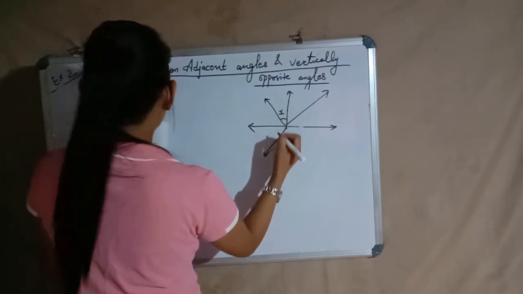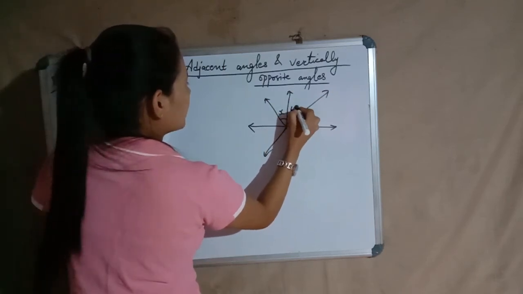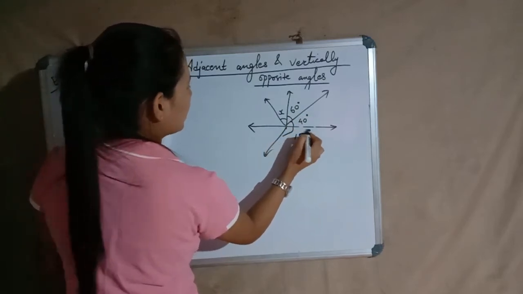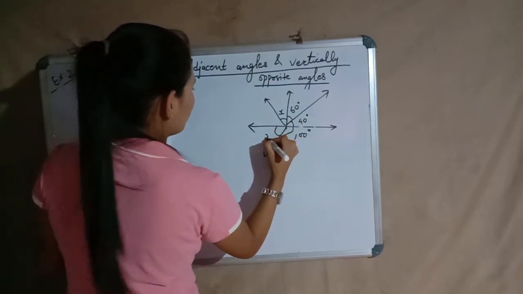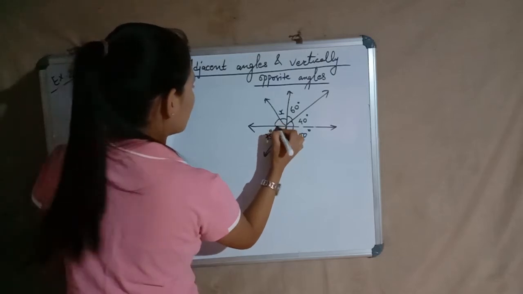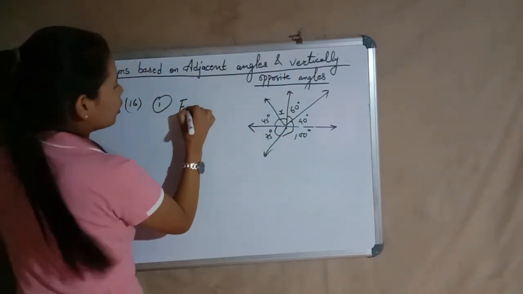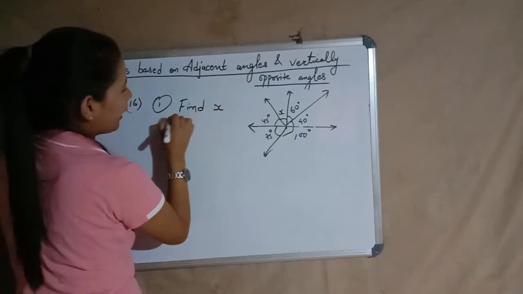One is 60 degrees, this is 40, this is 100 degrees, this is 75 degrees, and this is 45 degrees. We need to find the value of x.